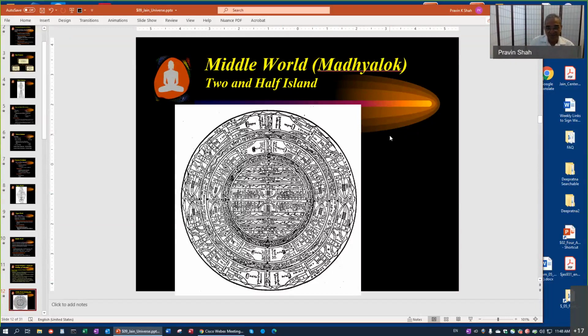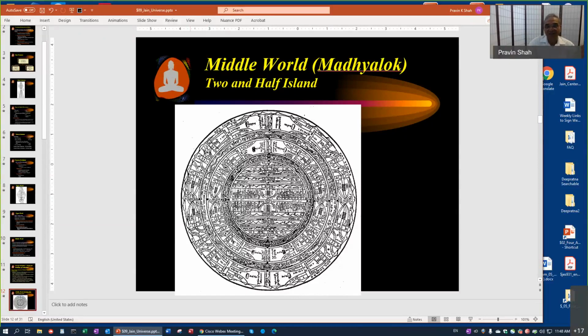The second concept Jainism says is that whatever the area of Jambu Dweep, the Ghatki Khand area is 2 times. And whatever the area of Ghatki Khand, Pushkar Dweep is 2 times that.